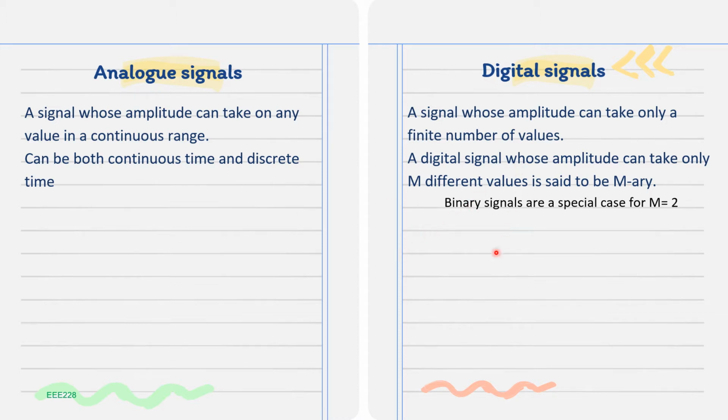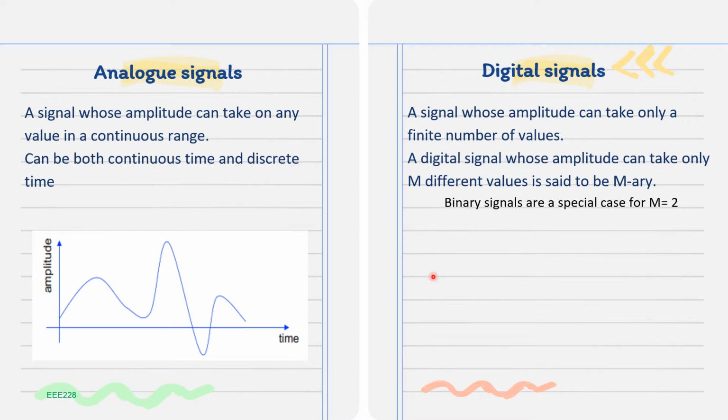Now for digital signals, digital signals are signals whose amplitude can take only a finite number of values. A digital signal whose amplitude can take only M different values is said to be M-ary. Binary signals are the special case where M is equal to two values. So for binary signals, we have values of 0 and 1.